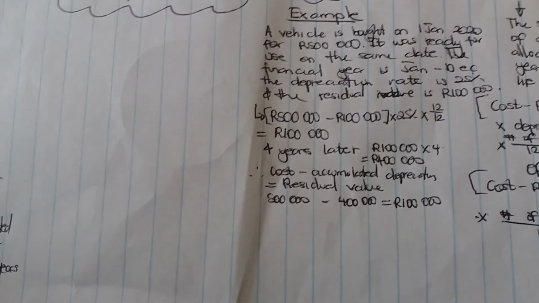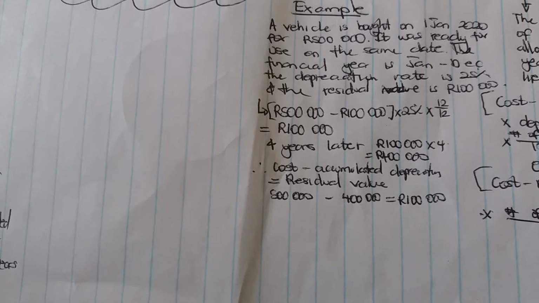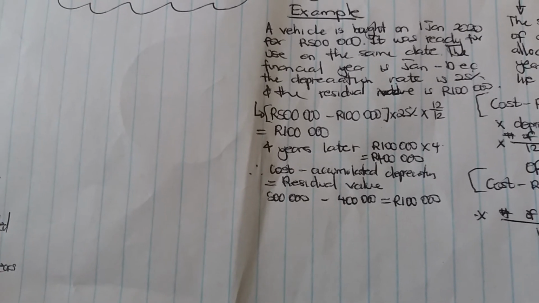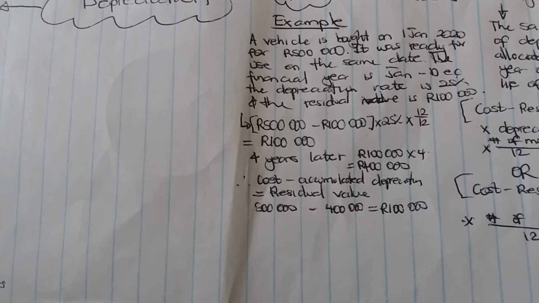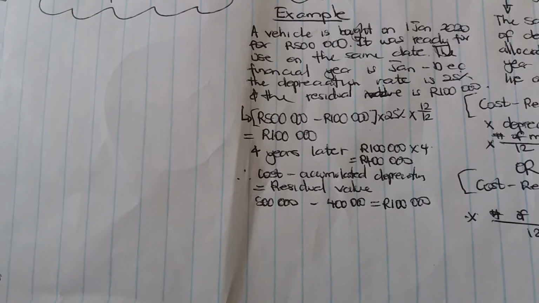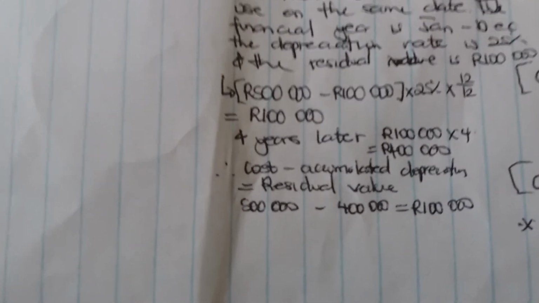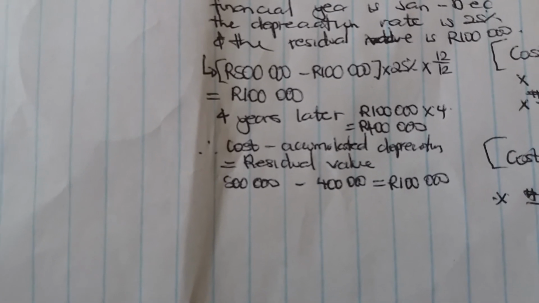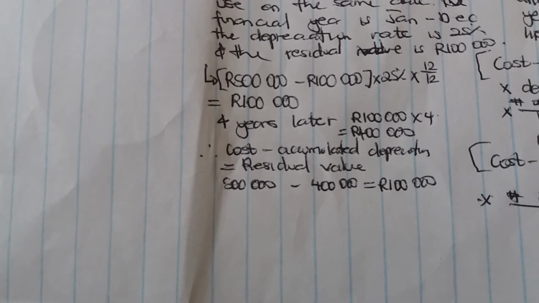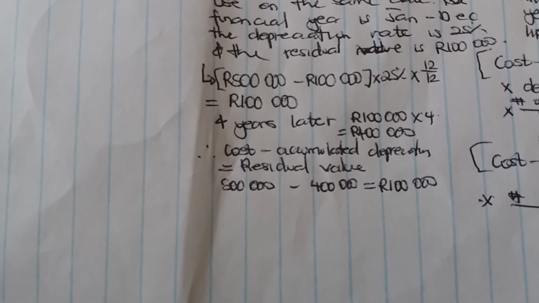Earlier I mentioned that our residual value equals the value of the asset at the end of the useful life. So we can use this example to test if that's true. Four years later, the 100,000 annual depreciation amount times 4 years equals 400,000.